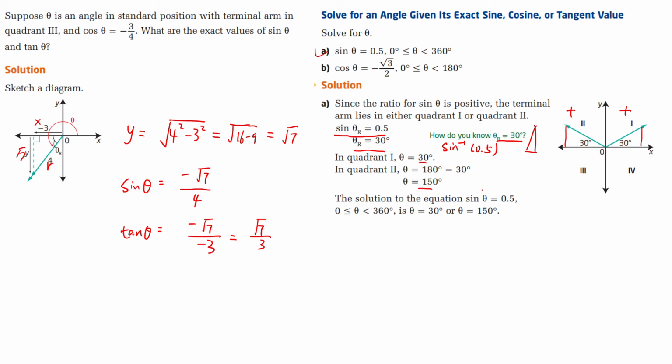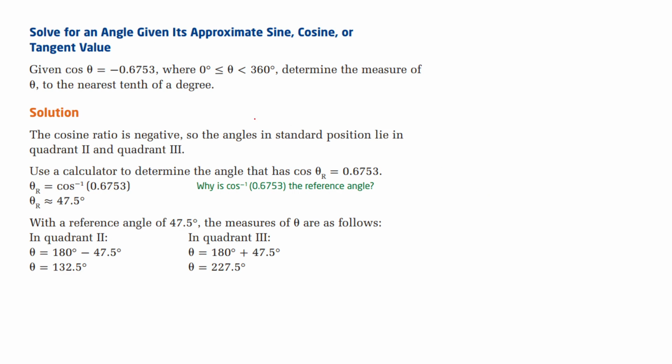So two solutions. And the last one: solve for an angle given a sine, cosine, or tangent value. In this example, cosine is equal to a negative value, and we have to calculate the angle.